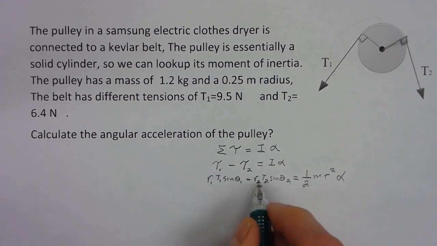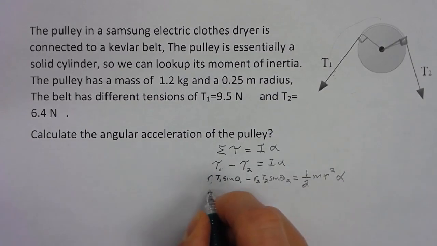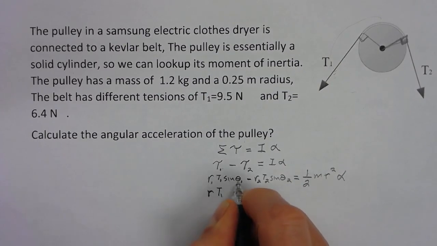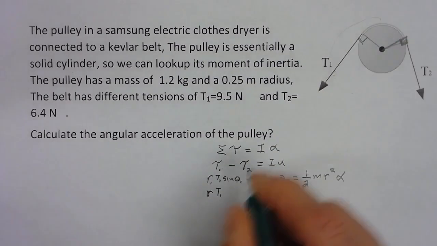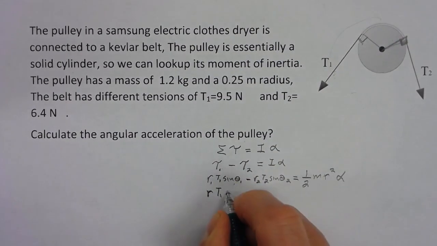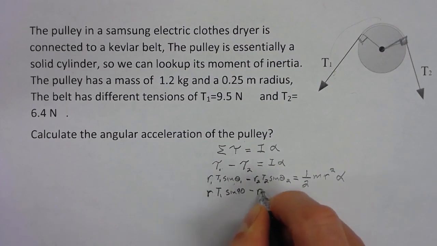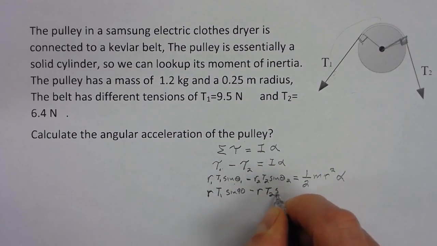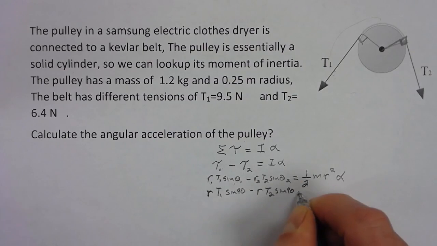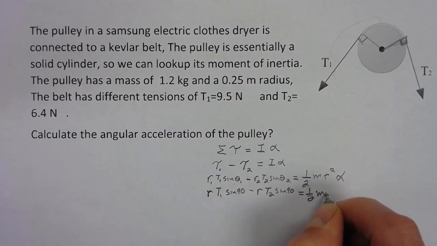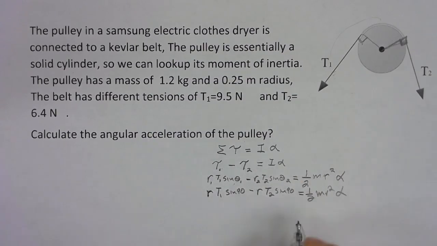Well, these r's are all the same r, so that's just r. This tension is T1, and this is sine of 90, so that becomes 1, right? And here it's the same r, tension 2, sine 90, and that's going to equal 1/2 m r squared alpha.